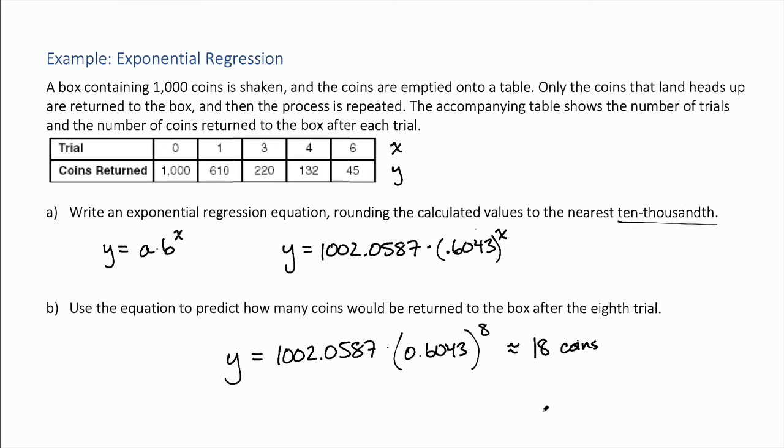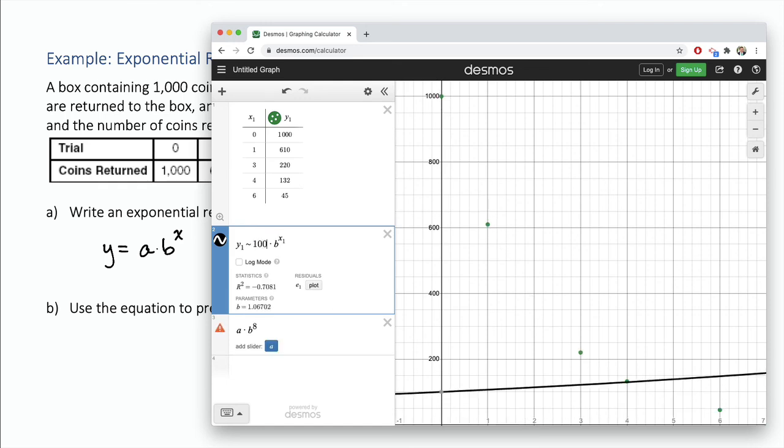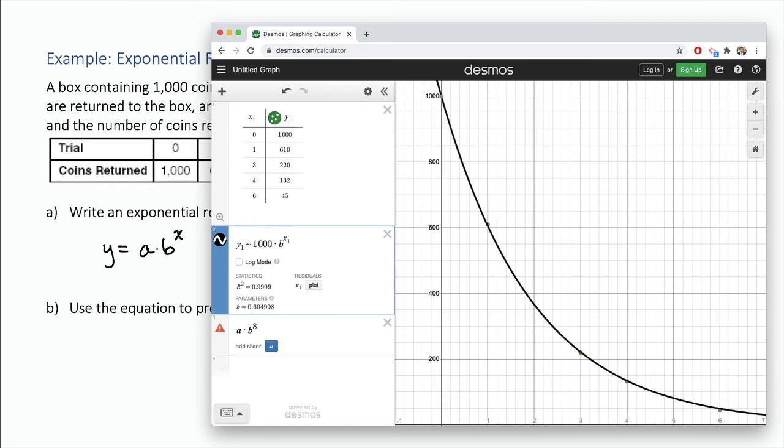Now I want to make a comment about best practice for these types of functions. We have an exponential function that we're creating. We know that a represents the initial amount, and we actually know the initial amount is 1,000. So in your exponential regression, instead of a right there, you could just type in 1,000 and force that to be correct. You'll see that it changes the b a little bit.